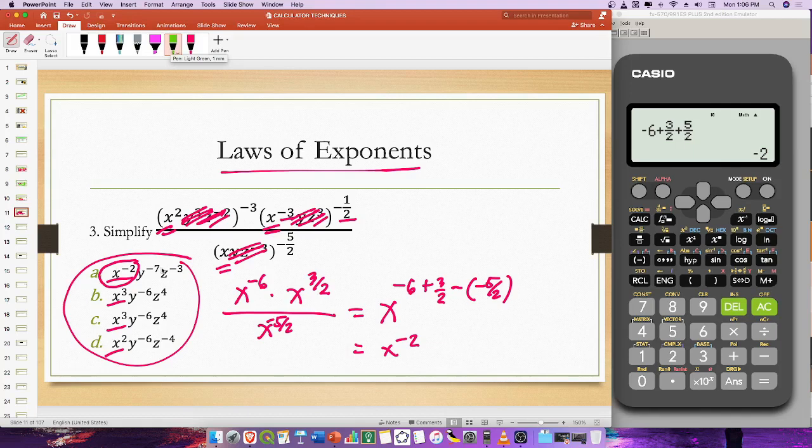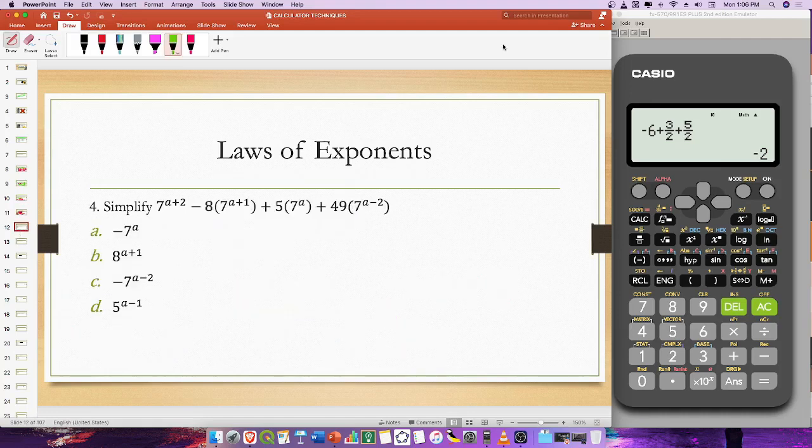So meaning to say the rest will not be your answer. So I think this will be your answer: x raised to negative 2. If you want to solve for y and z, go ahead. But in my case, this is the simplest solution to this problem.